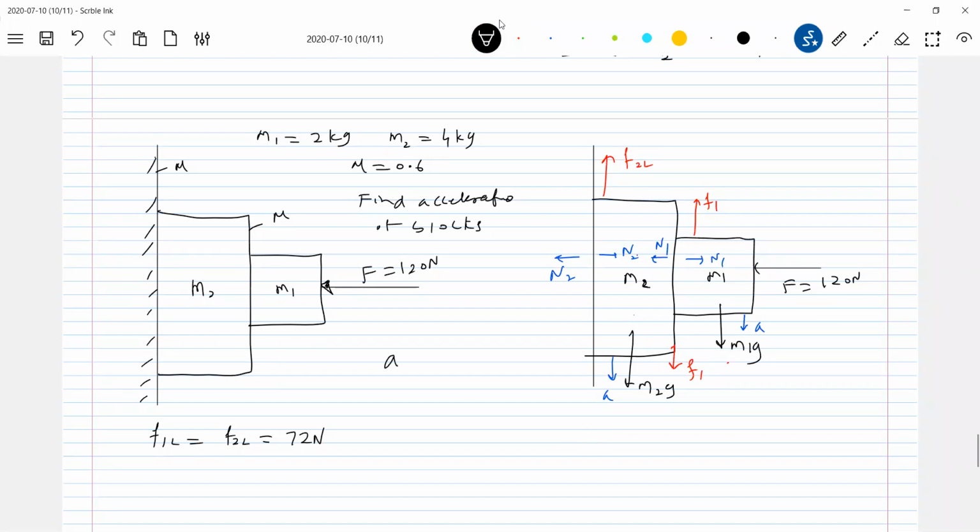The total acceleration will be M2G plus M1G minus F2L, divided by M1 plus M2. This will be 40 Newton plus 20 Newton minus 72 Newton, by 2 plus 4. I got acceleration negative, minus 2 meter per second squared. What do you mean by negative?